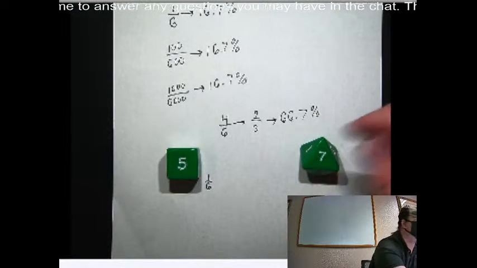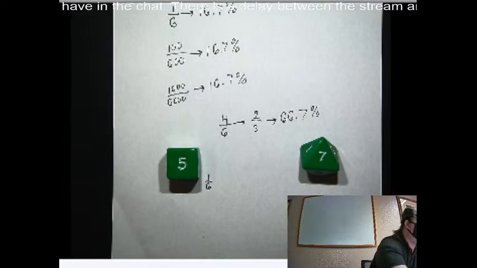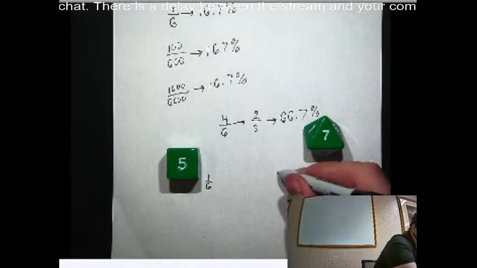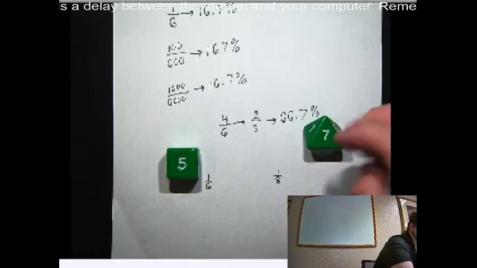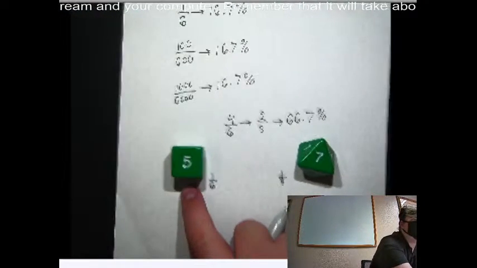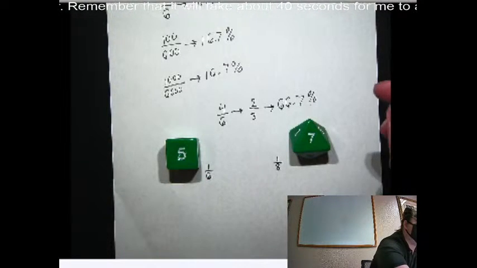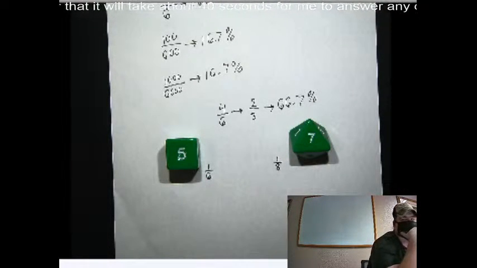Keep in mind there's 8 numbers on this die. It's a what? 1 out of 8? Okay. So the probability of rolling a 5 on this one is 1 out of 6. The probability of rolling a 7 on this one is 1 out of 8.